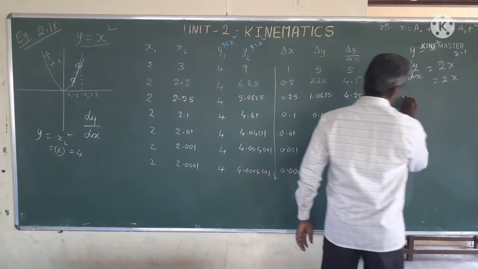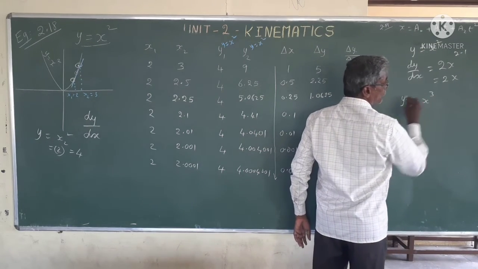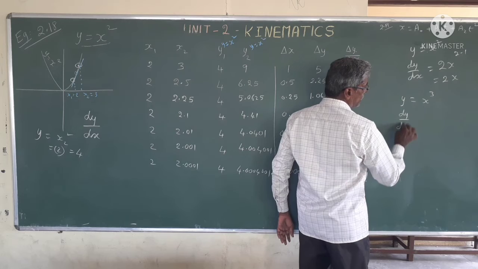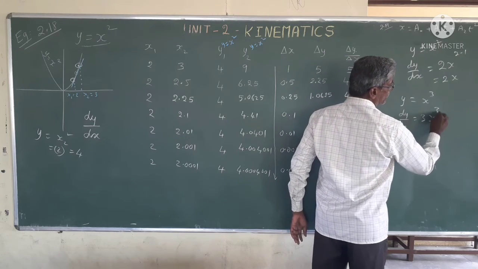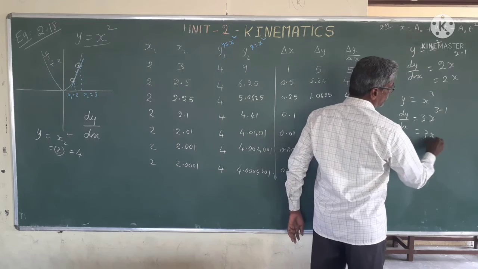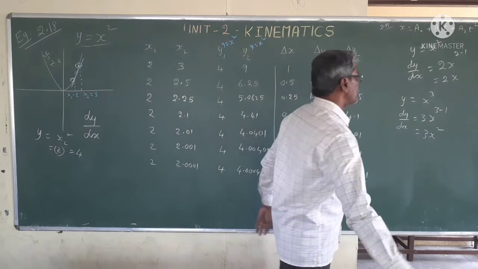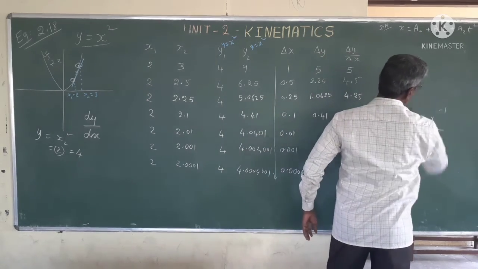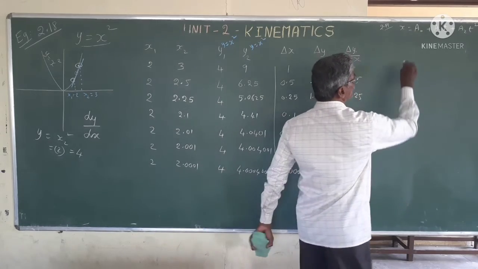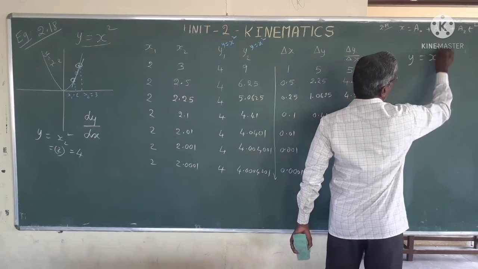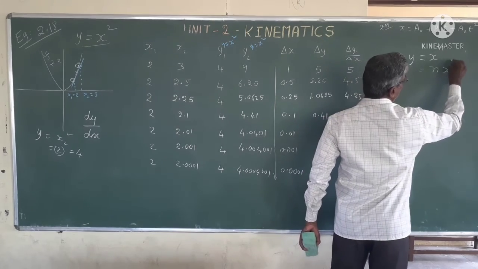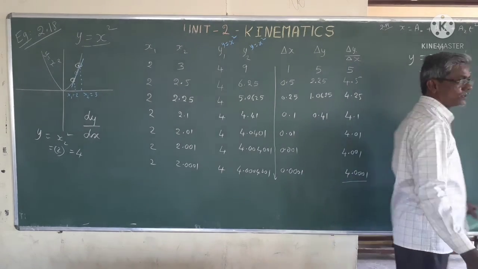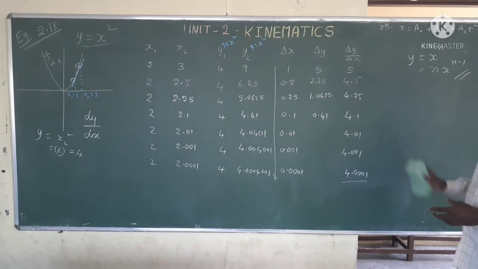Similarly, I can write for x cube: dy by dx is equal to 3x to the power 3 minus 1, so 3x square. So in general, there is a formula. For y is equal to x power n, I can write n x to the power n minus 1. This is a general formula for differentiation.